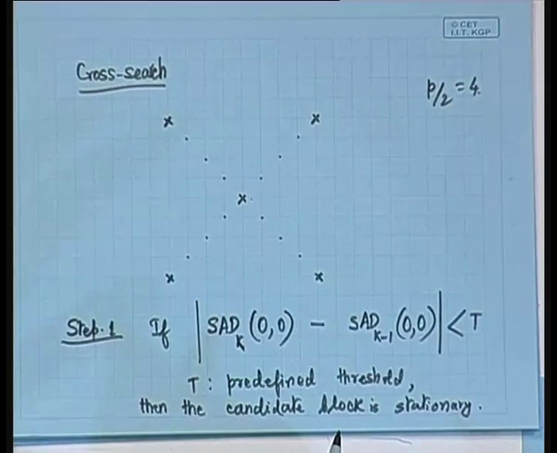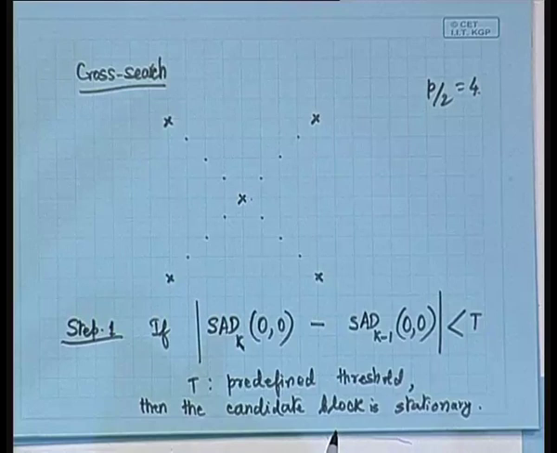At the last stage, when p becomes equal to 1, it does not go in for a 9-point search, but instead you go in for either the ends of a cross or the ends of a plus, depending upon whichever is the minimum.